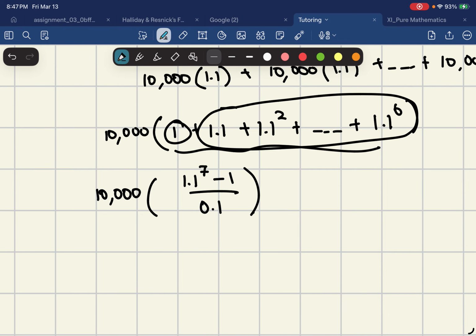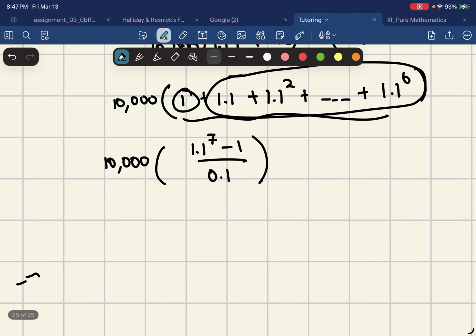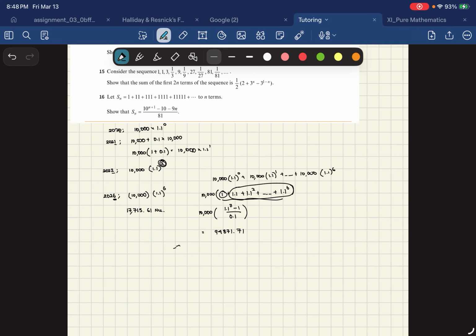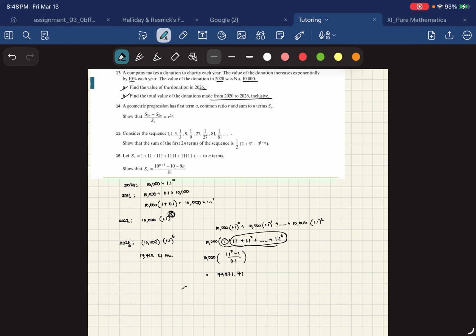Times 10,000. If you solve it in your calculator, you get 94,871.71. That is your answer. All right, so we're done with question 13.